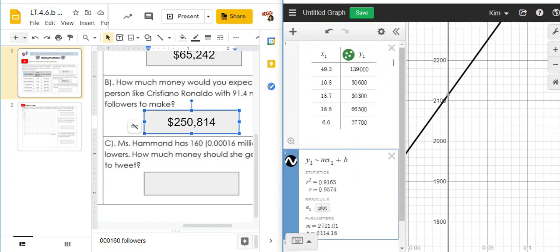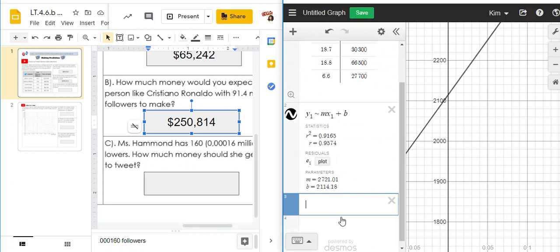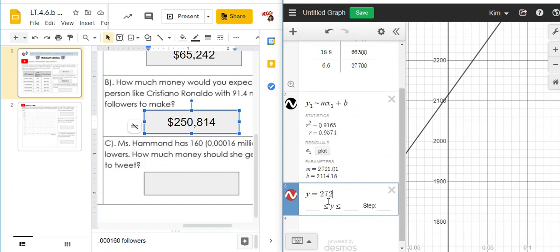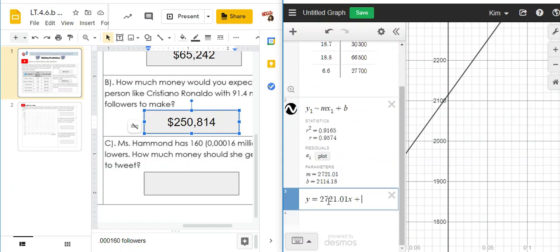So this is what I'm going to do instead. You can see it here is where our M and our B are. So I'm actually just going to type in our formula. So that's our equation for a line of best fit. I put the M next to the X, so this M right here, and I put the B in the back right here. We said that the number of Twitter followers is X, so instead of X, I'm going to put the number of Twitter followers I have.